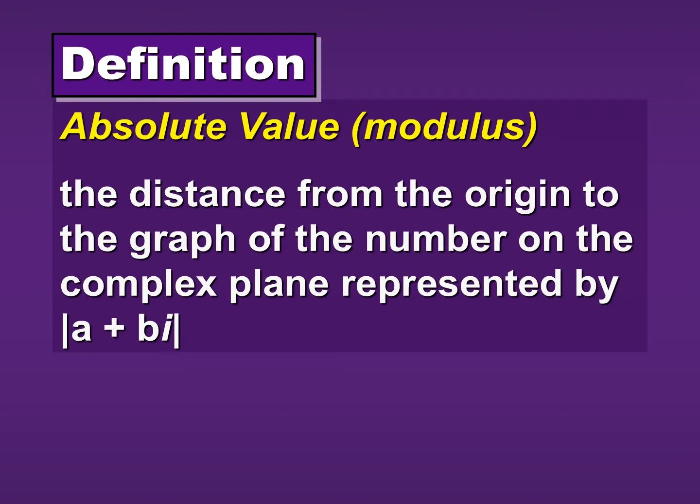Alright, so we have a definition called a modulus. A modulus is just the distance, or the absolute value, from the origin to the graph of the number on the complex plane. The absolute value means distance, right? So the absolute value of our complex number a plus bi can be found using the distance formula.